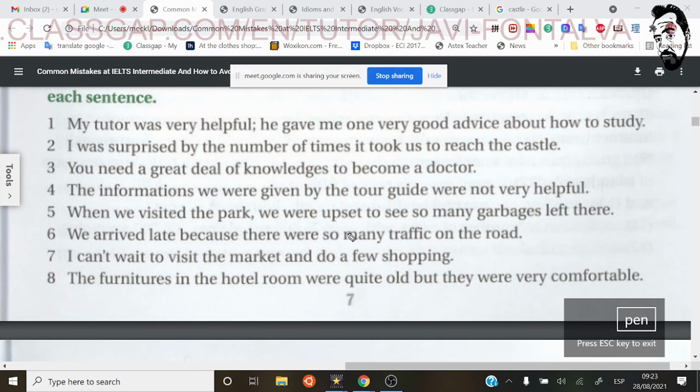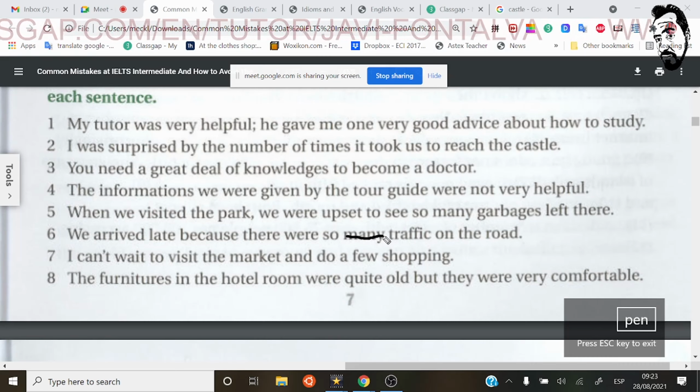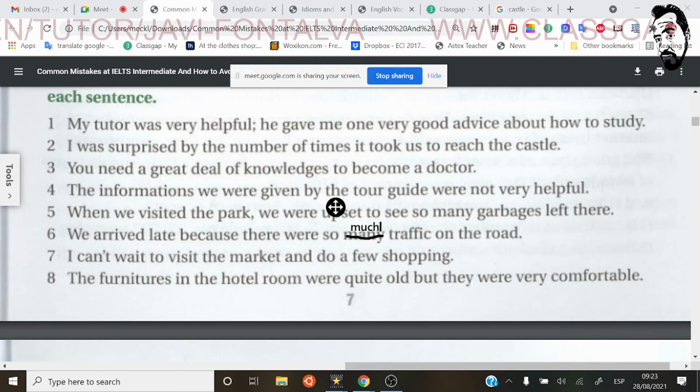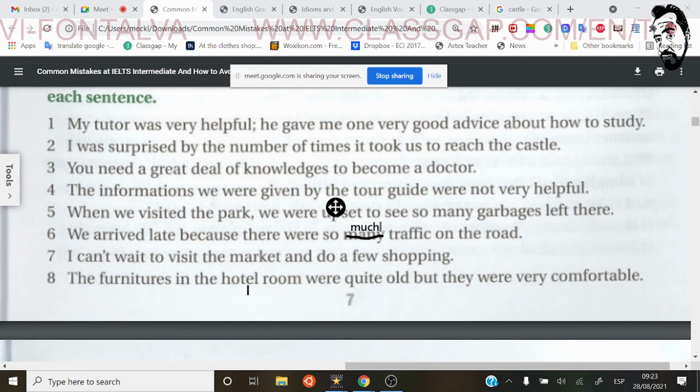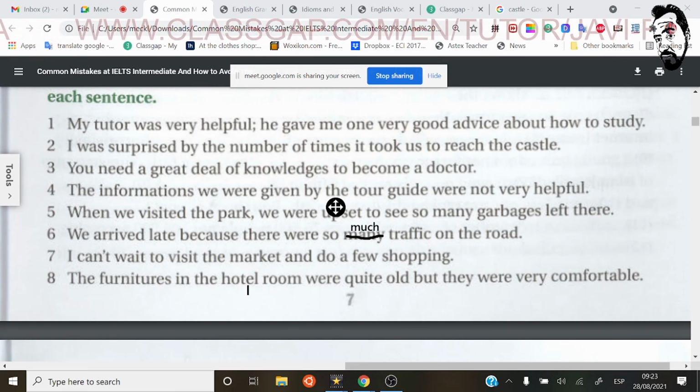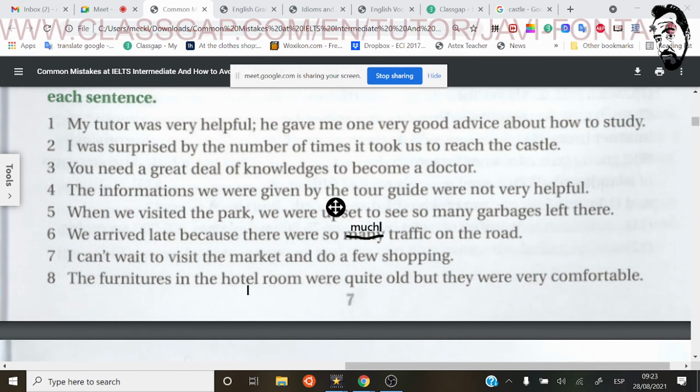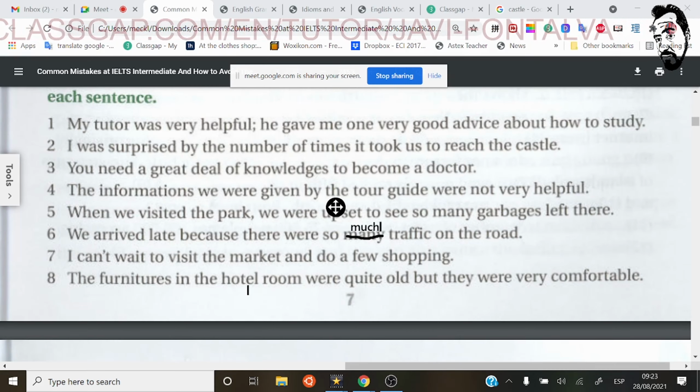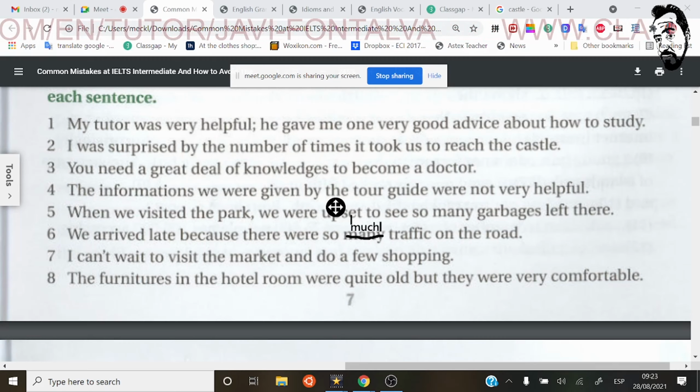You have to say much traffic because traffic is uncountable. So much traffic. Okay, so the thing with the expression an amount of is when you want to use a certain quantity. If you mean a lot, you could say much.